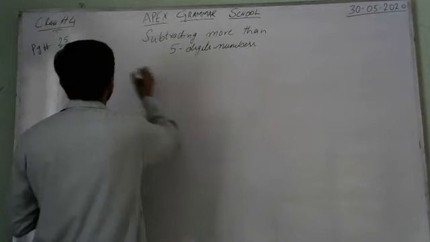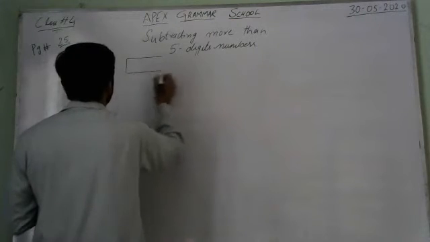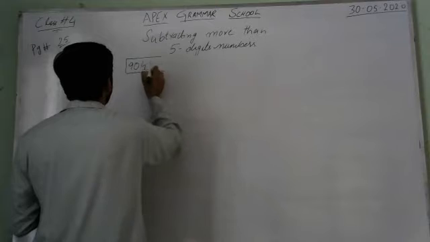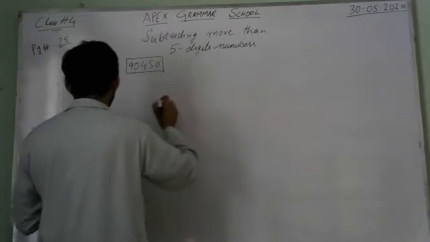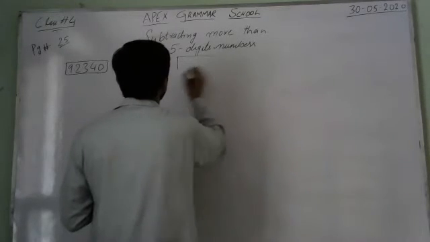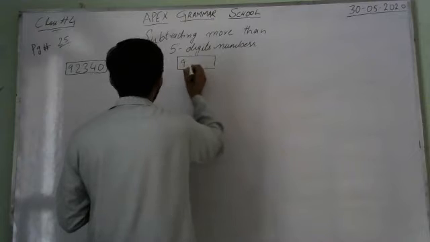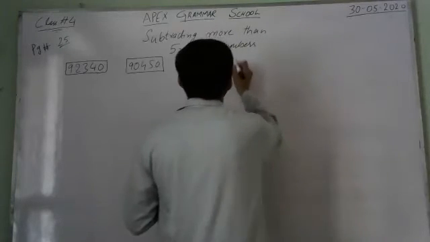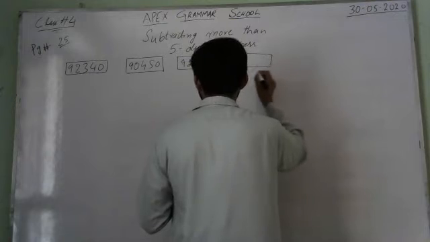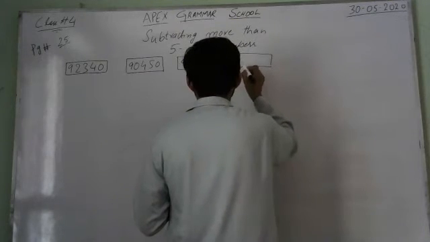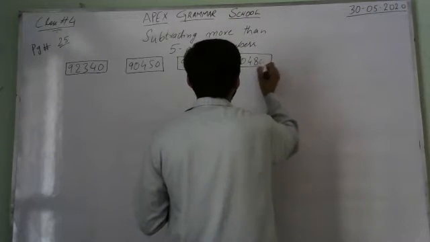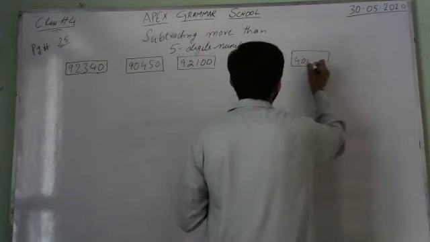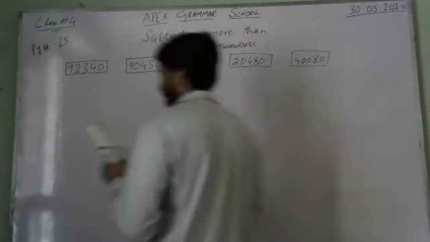Second number is 90450. Then 92100. Next number is 20480. And the last number is 40080.